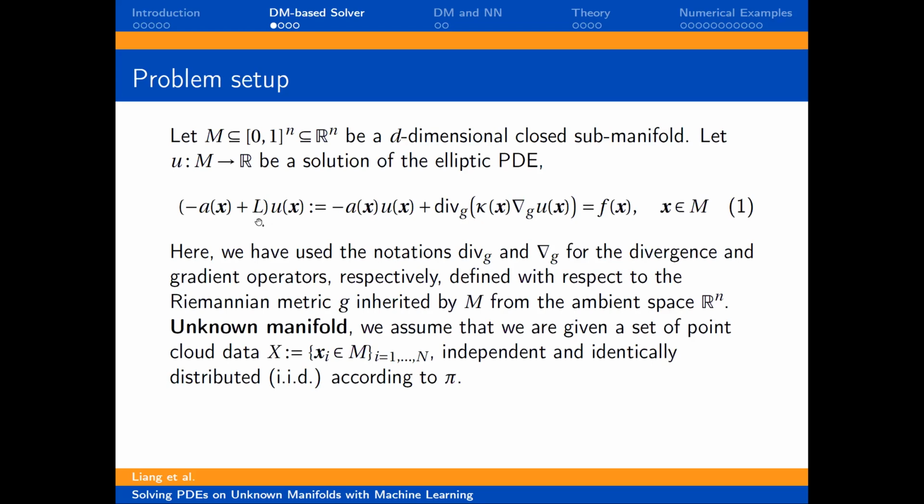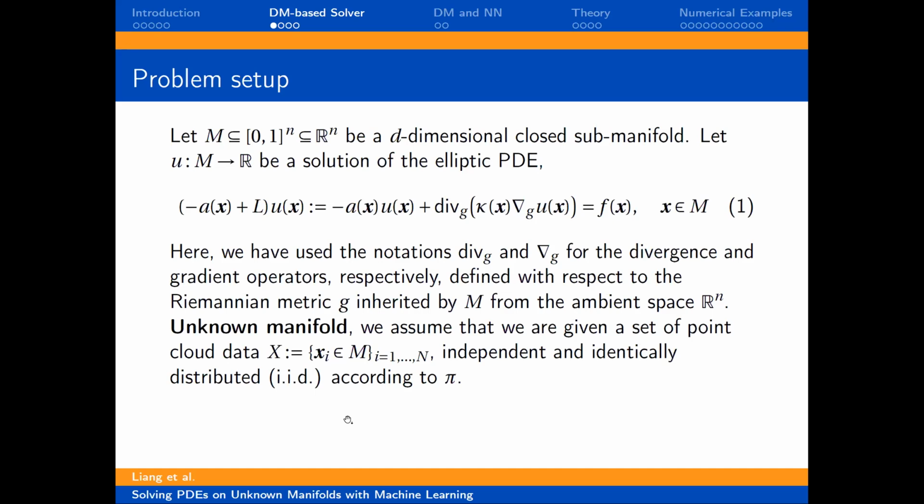Here we use the notation L to denote the differential operator. We use the subscript g for the operator defined with respect to the Riemannian metric g inherited by M from the ambient space R^n.